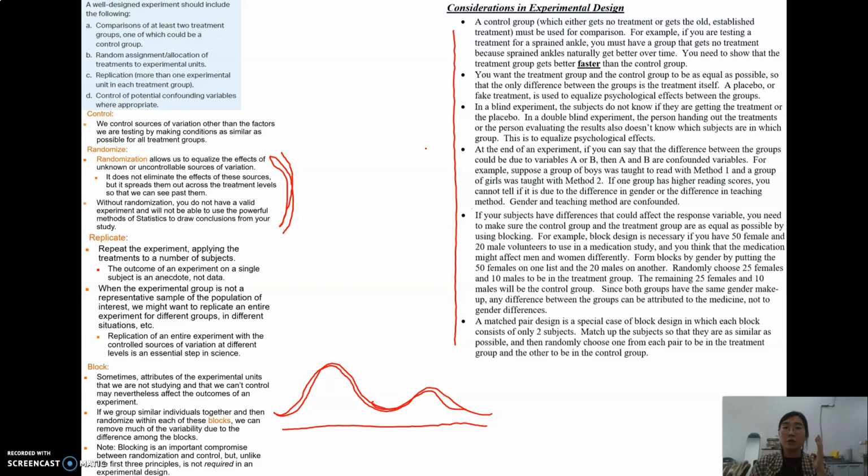You don't want to give a preconceived idea about people who are taking pills versus not taking pills. So placebos are usually applied so that you can do blinding, right? If you give pills to both groups, then you're using blinding because the subjects don't know if they're actually receiving the treatment or not receiving the treatment.